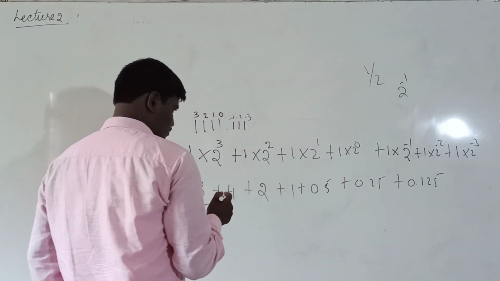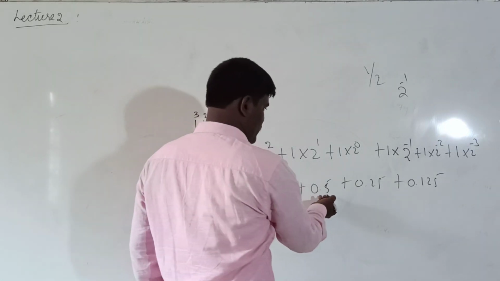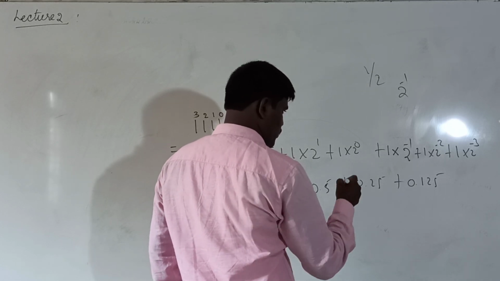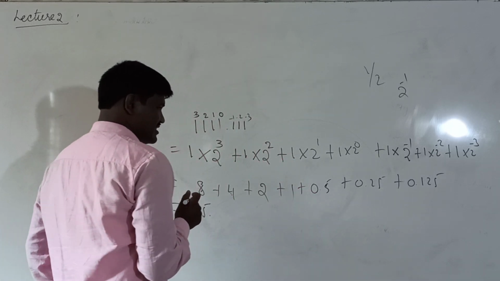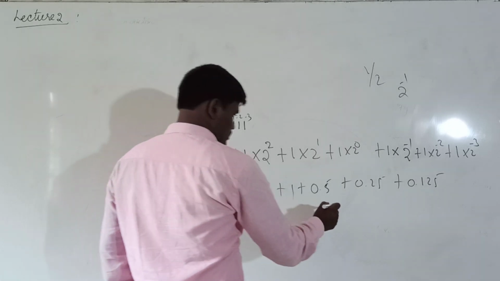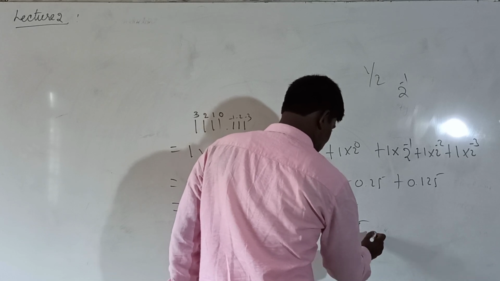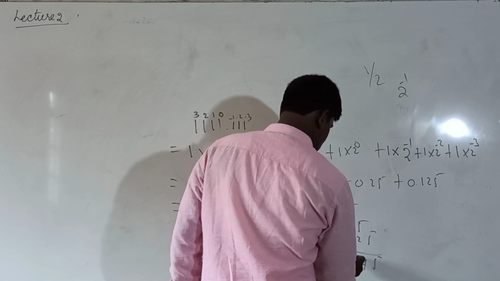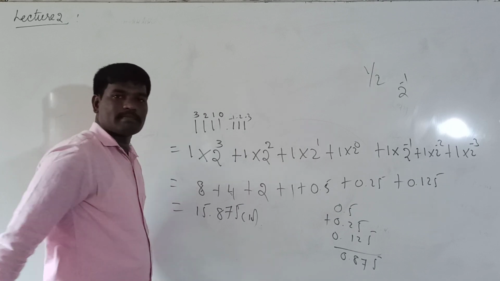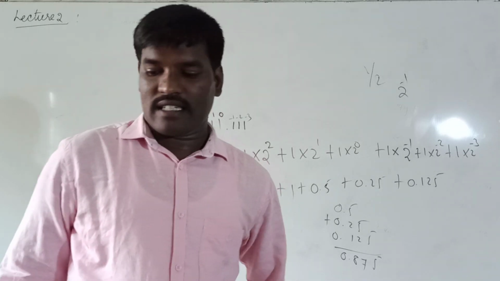The integer part is 15. 0.5 plus 0.25 is 0.75. 0.75 plus 0.125 is 0.875. So 15.875 in base 10. This is the method for converting the binary number to the decimal number system.